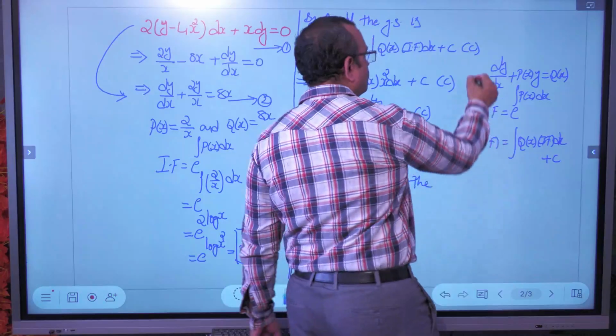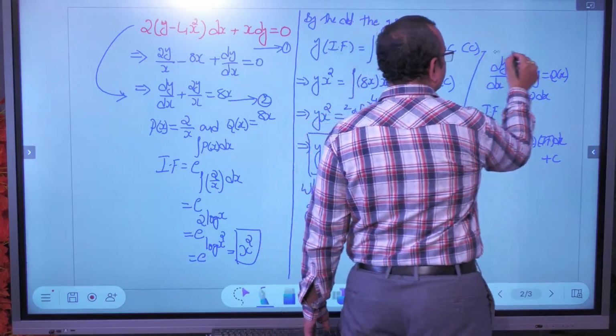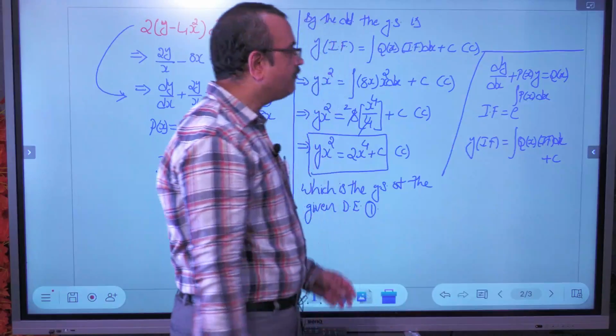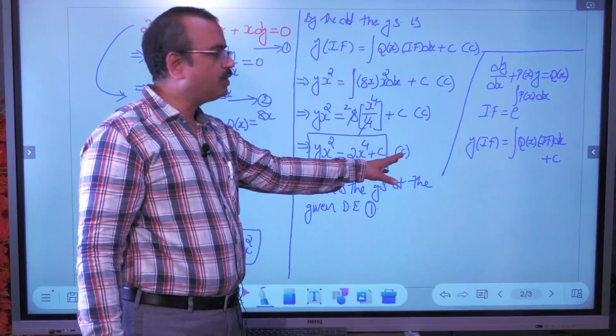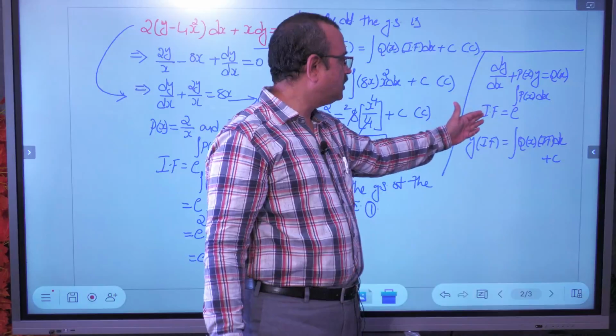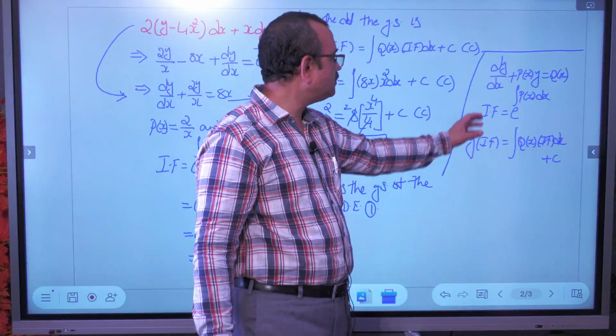So this is all briefly about a first order linear differential equation, the general form, the integrating factor and the general solution.